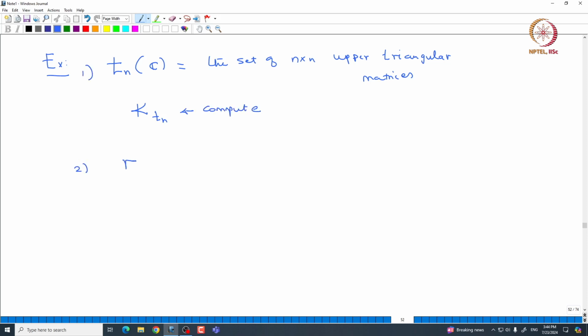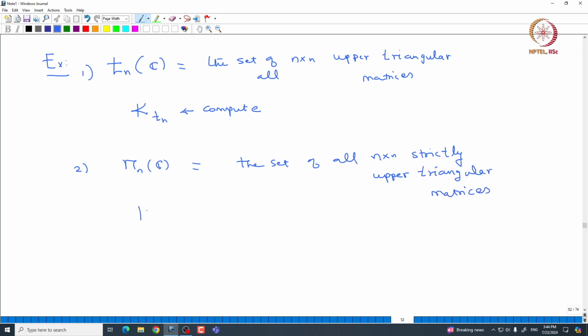Now you can also take the set of all n by n strictly upper triangular matrices, and again one can compute what is the Killing form of this.